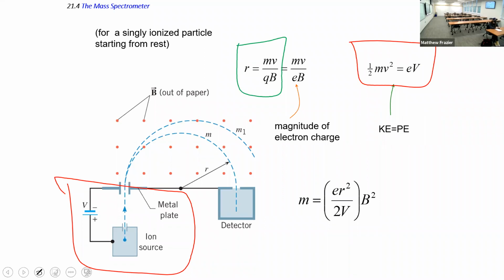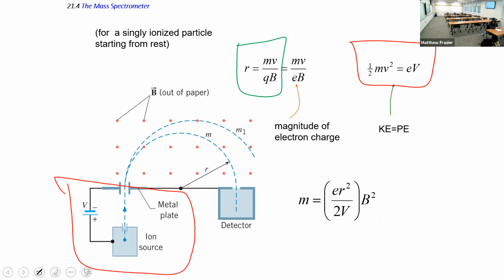And then the relationship of the radius of the circle to the properties of the charge, the mass, the velocity, and the magnetic field it sees. Which means you can steer particles into certain containers.